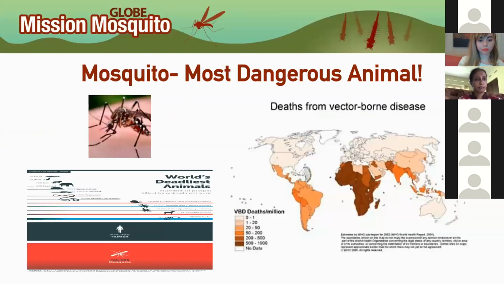So, as some of you probably already know, the mosquito is the world's most dangerous animal. And that always strikes people as being kind of surprising because often you think of sharks or snakes or lions. You don't think of the little pesky mosquito.